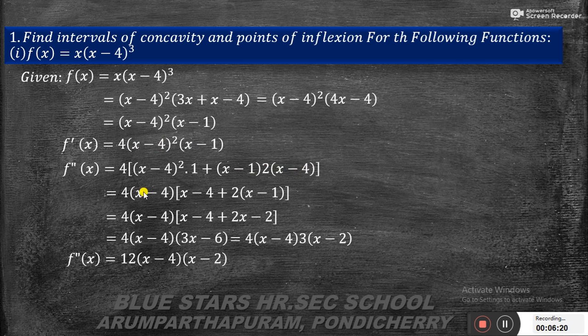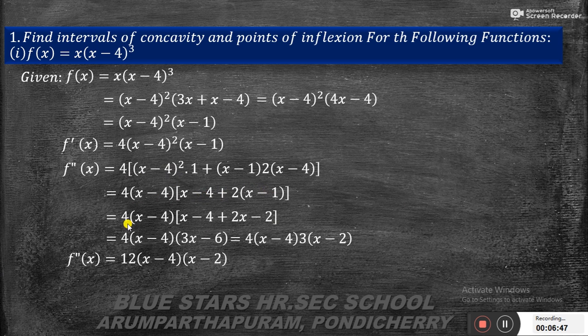In the next step, here you see there is a common factor. The common factor is x − 4. Both terms have x − 4 as a common factor, so I take it out of the bracket. So 4 into (x − 4) into, I take the x − 4, remaining factor (x − 4) plus 2 into (x − 1).